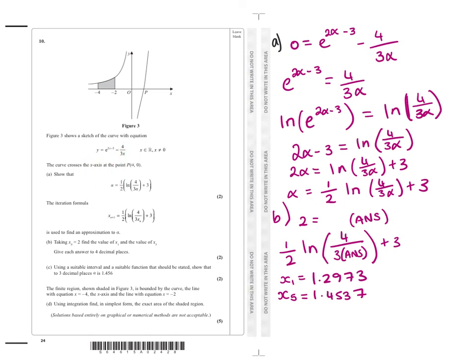part C, and I'm going to substitute in my upper and lower bound essentially of 1.456.